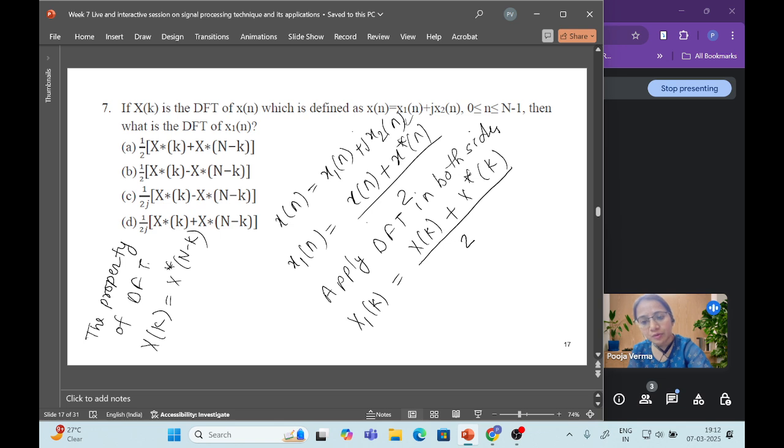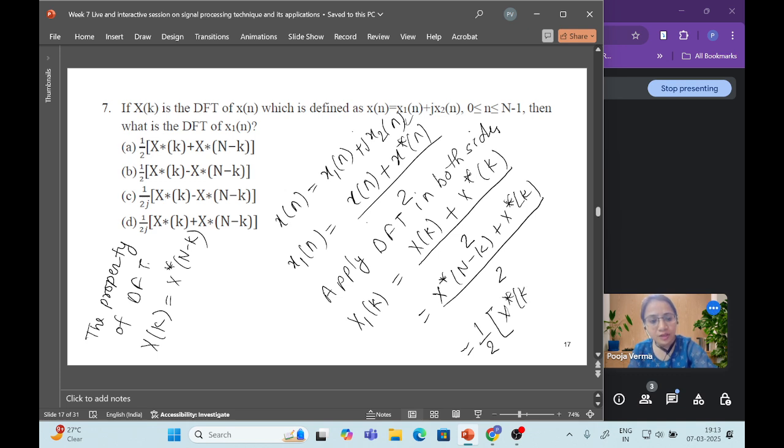So putting this property here, you will get X conjugate (N minus k) plus X conjugate of (k) divided by 2, or it can be written as 1 by 2 times X conjugate of (k) plus X conjugate of (N minus k).